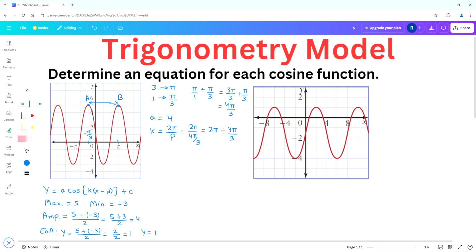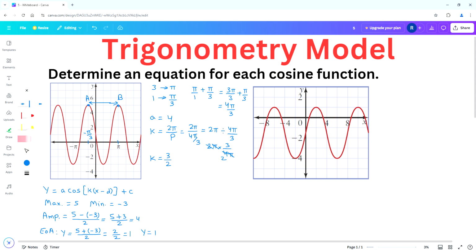We can change this division statement into multiplication statement and flip the fraction 4 pi over 3 to 3 over 4 pi. We can cancel out the pi's. We can reduce 2 and 4. So k is equal to 3 over 2.